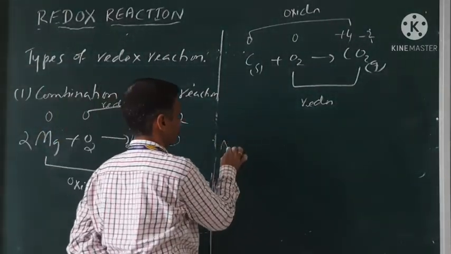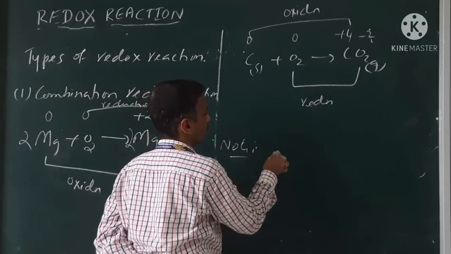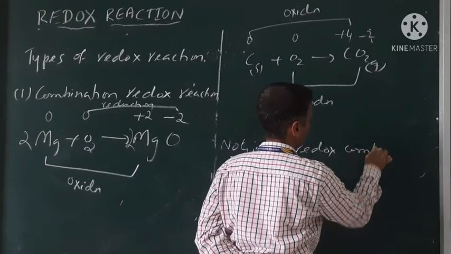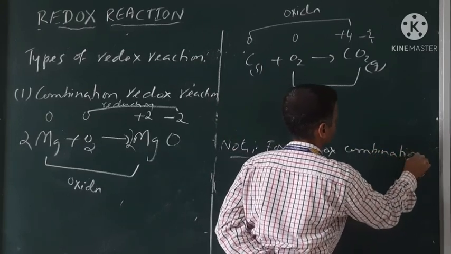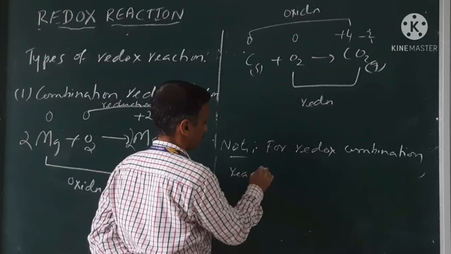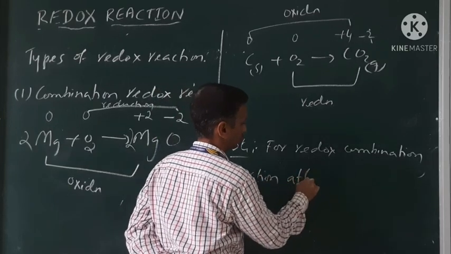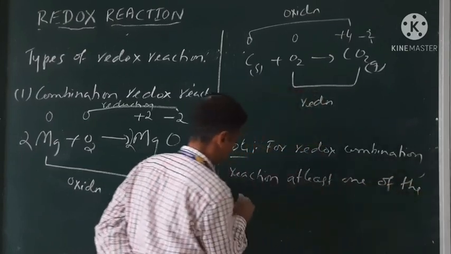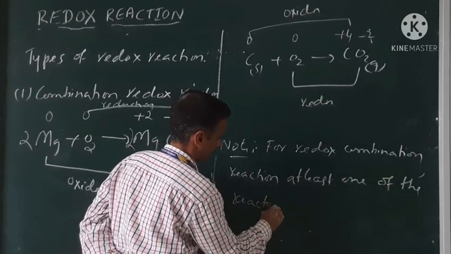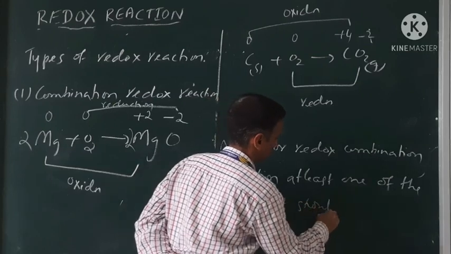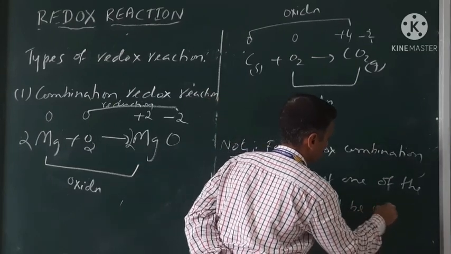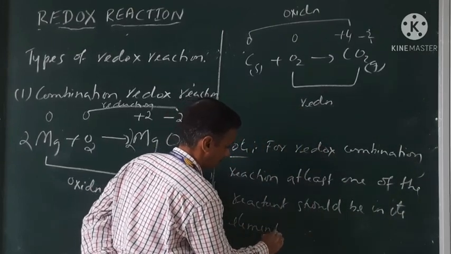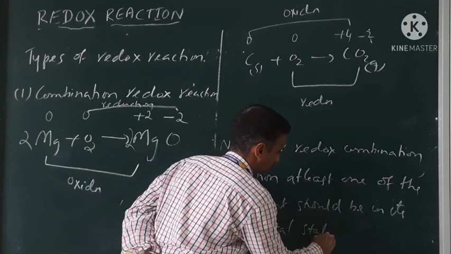Note it down. For a redox combination reaction, at least one of the reactants should be in its elemental state. Note this property.